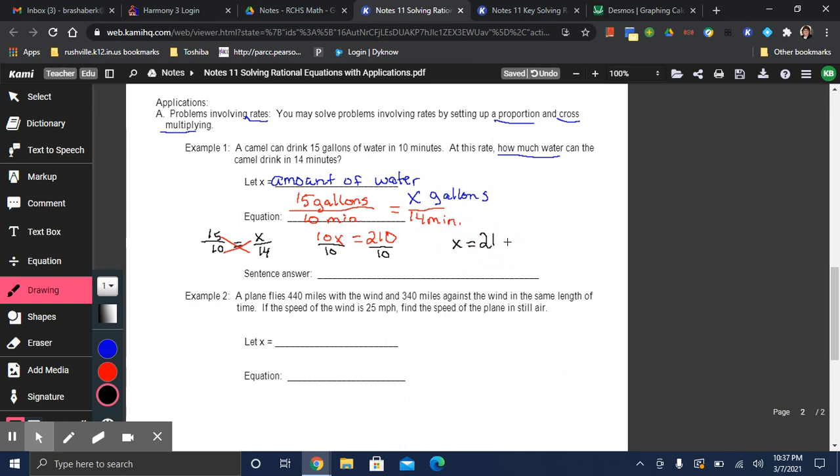And that 21 would be gallons. And so then a sentence answer, the camel could drink 21 gallons in 14 minutes. We could leave it just at that. All right.